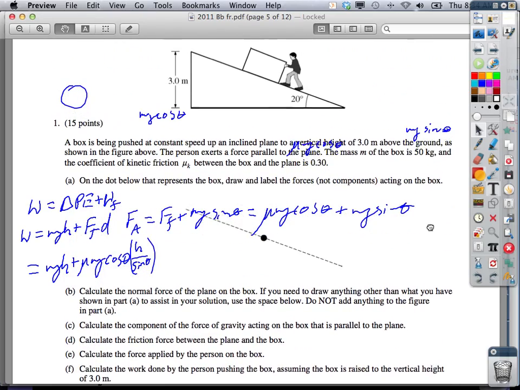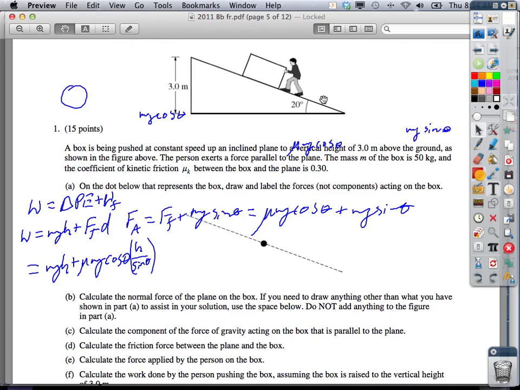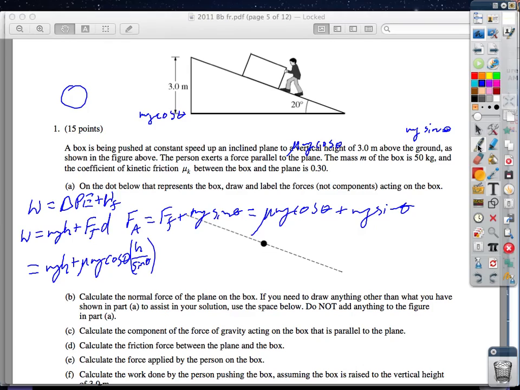Drag this down a little bit. Sine of theta is opposite over hypotenuse. Let's call that y. It's y over h for hypotenuse, if you want to do it by how it looks on here.